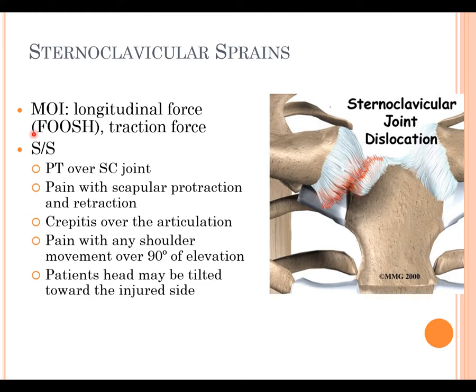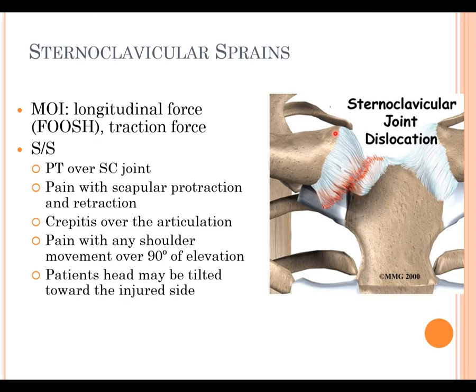We also see a traction force, traction meaning pulling the arm away from the body. When you pull your arm, you pull the glenohumeral joint. The glenohumeral joint is attached to the scapula, and the scapula is attached to the clavicle. So when you pull the humerus, the scapula can pull the clavicle, and it ends up pulling the clavicle away from the SC joint.